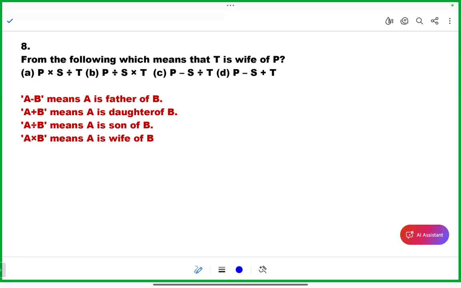This is a different type. You have to solve all this. For example, if you solve A, it's good for practice.